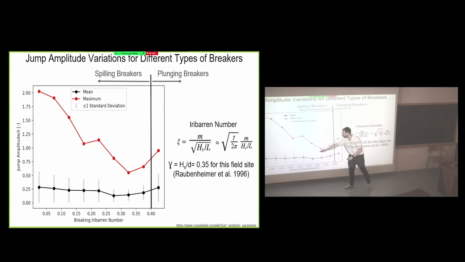The mean is pretty consistent; we don't see much change in normalized jump amplitude as a function of this Iribarren number. But we do see our largest jump events tend to be for small Iribarren numbers, so for these gentle, a little bit more spilling, crumbling waves than for the plunging waves.